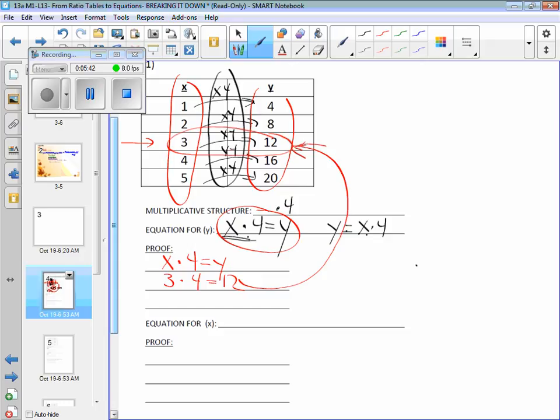Now you know that this equation is correct. That's how you prove any equation is correct. If it works, it will work when you substitute the value for one of the variables. Well, either one of these is correct. Okay?